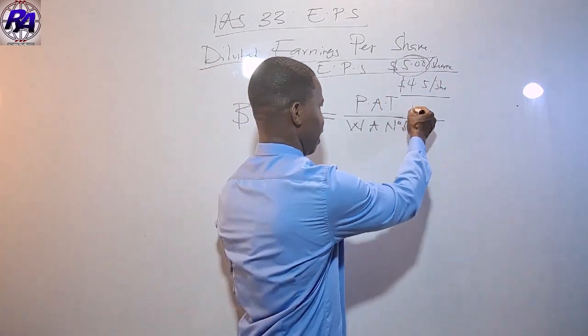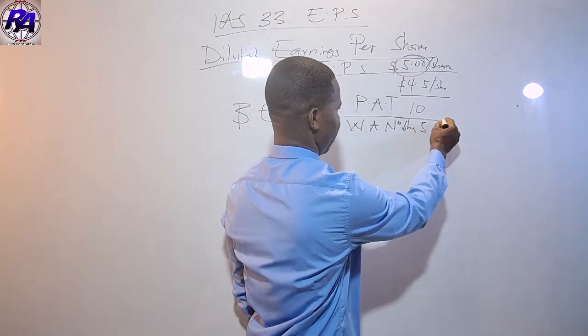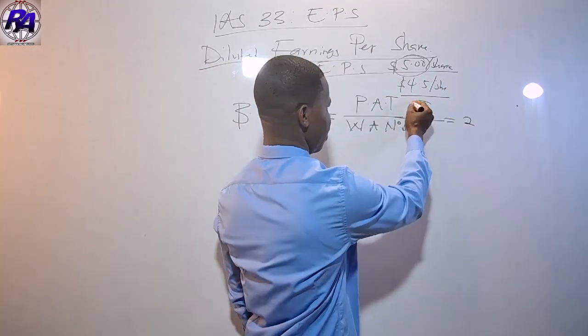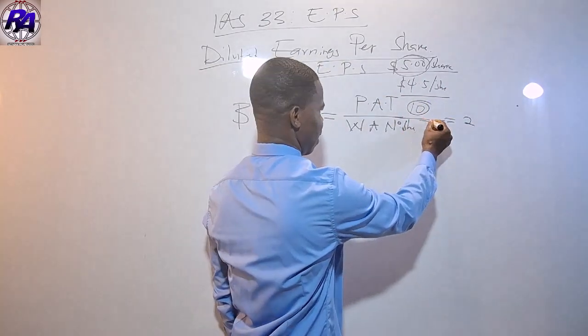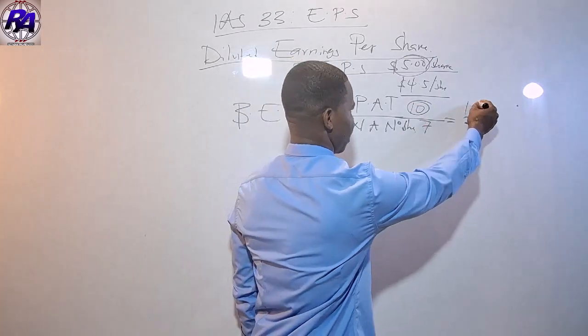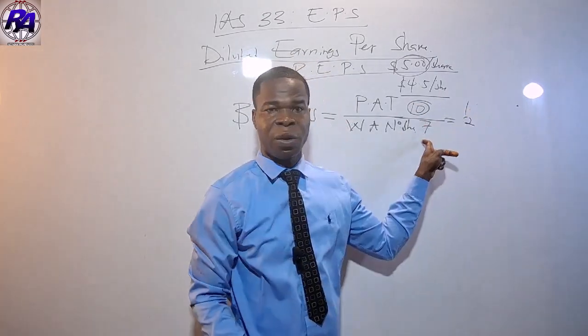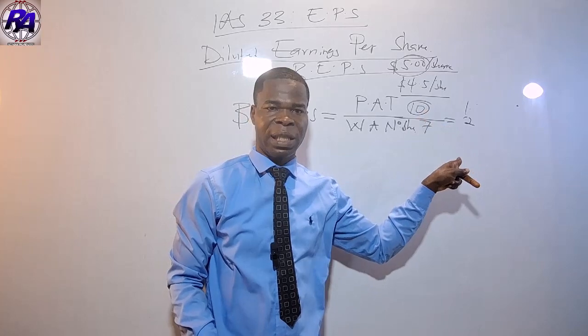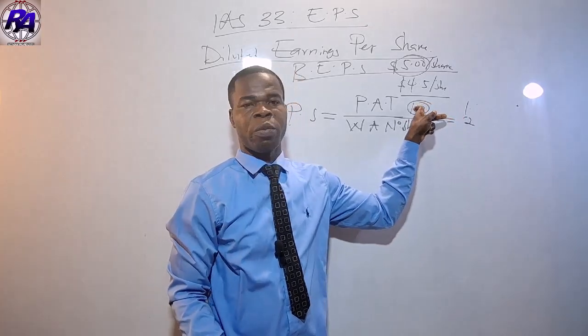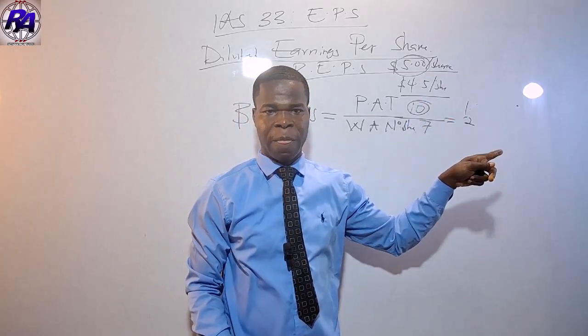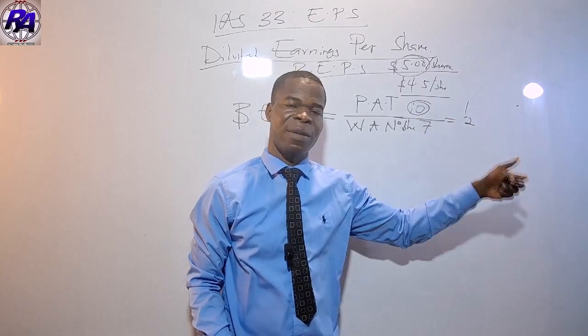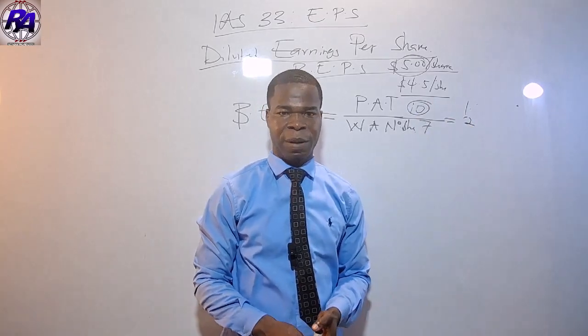Assuming we have 10 here and here we have 5, this is going to give us 2. Assuming the numerator remains the same and we are having 7 here, this is going to give us 1 point something. So you see it has reduced as a result of increasing the denominator with no proportionate increase in the numerator. These circumstances are what account for what we call diluted earnings per share.